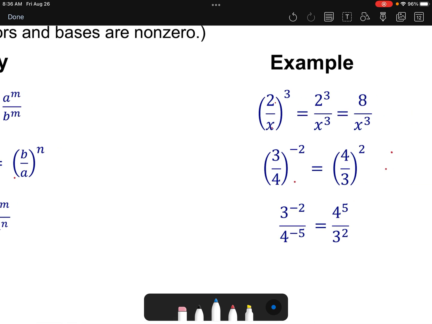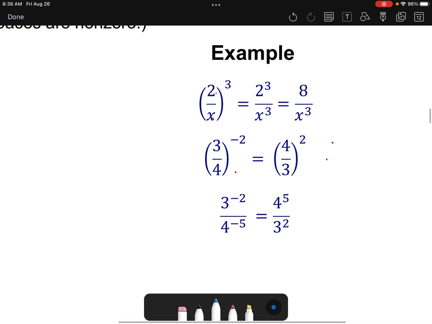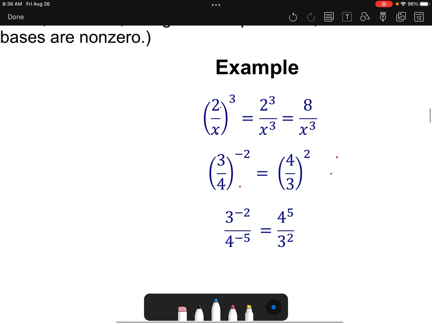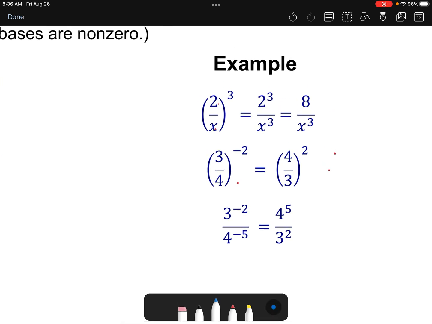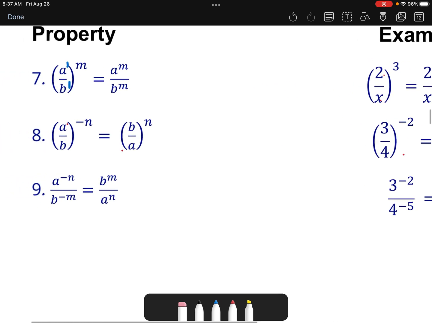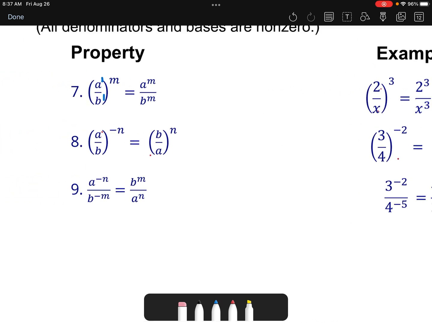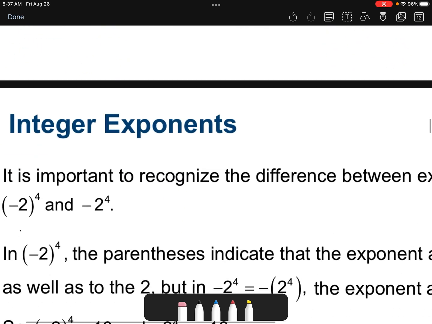If you recall in class, we talked about this, that I think the better way, for me anyway, is to just take 3 to the -2 over 4 to the -2. And then we can decipher that as 4 squared over 3 squared by simply flipping them to make them positive. And I think we had an example of that, why that was easier, a little later on. And on 9, there you go, you just flip them to make it positive.